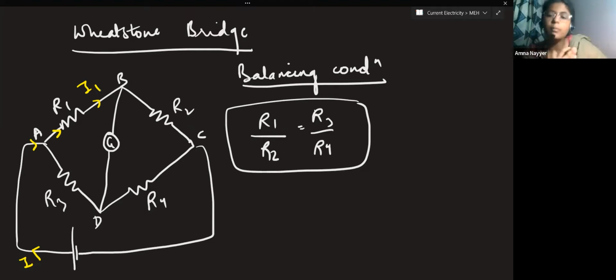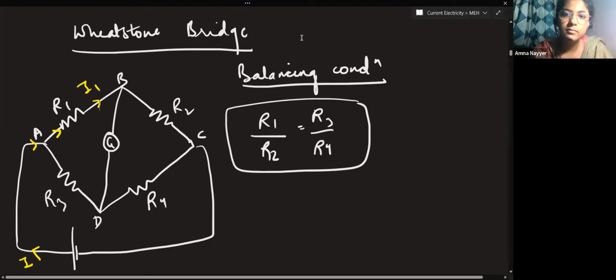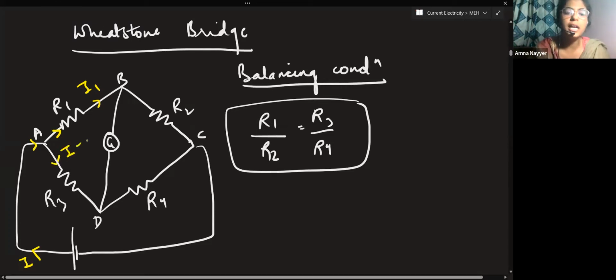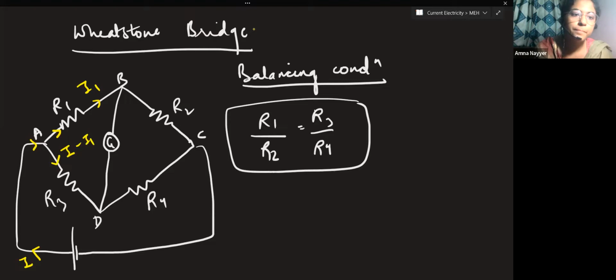So how much current will be left in AD? I minus I1. From I, I1 has gone, so I minus I1 in this branch. Yes, it is I minus I1.